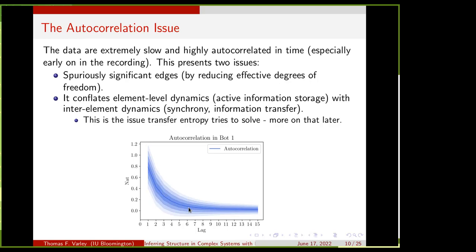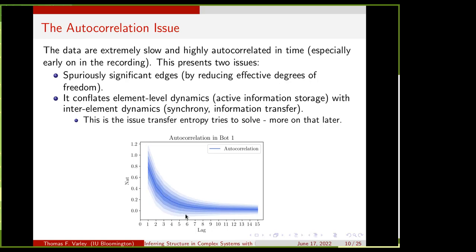Each frame is, if I'm remembering correctly, a 1 second exposure, and between each frame is 5 seconds of time. Okay, yeah. So if you look at this autocorrelation curve, it's still meaningfully non-zero after 5 frames. So that's like 30 seconds of activity.